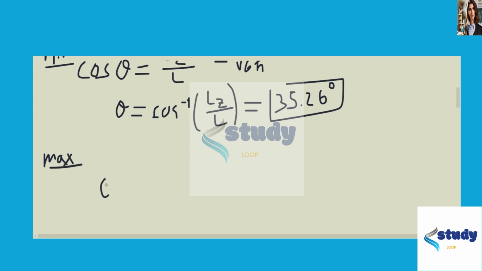The maximum is going to be when L sub z is negative 2, right? Because it's plus or minus 2. So we can do negative 2 over root 6, which is a 180 difference. So this gives us 144.7 degrees.